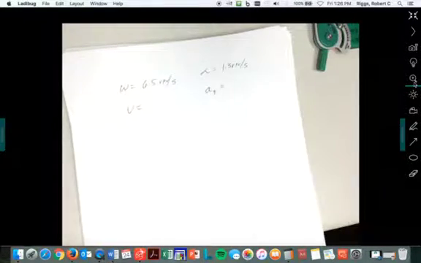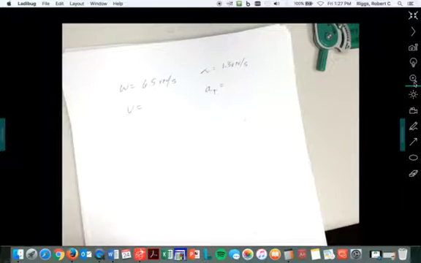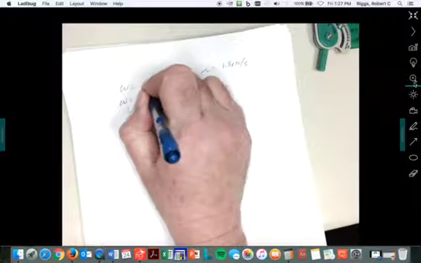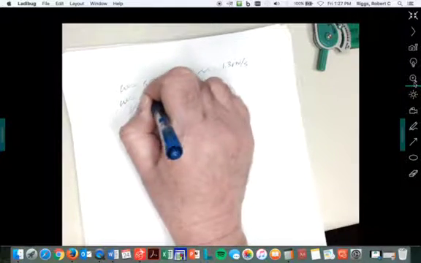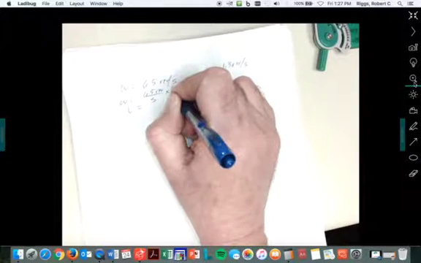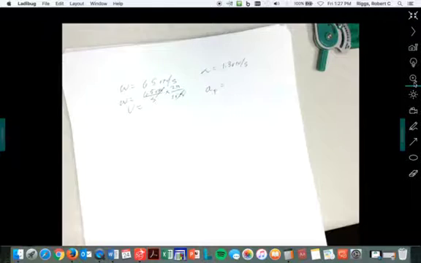So what's that look like? Well, first of all, we've got to change this: 6.5 revolutions per second times 2 pi divided by 1 revolution.